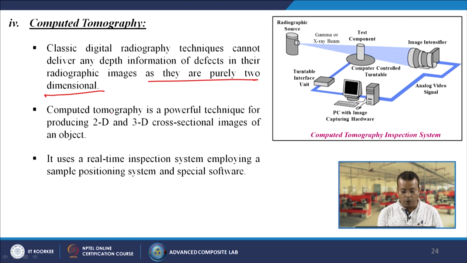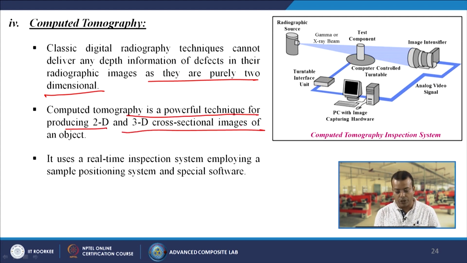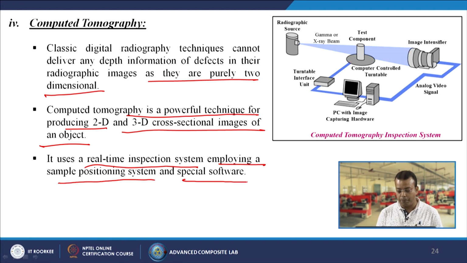So, computed tomography is a powerful technique for producing 2D and 3D cross sectional images of an object itself. It uses a real time inspection system employing a sample positioning system and the spatial software. In this particular case you can see that we have the radiographic source, either gamma or X-ray beam, then we have the test component, and we have the image intensifier.